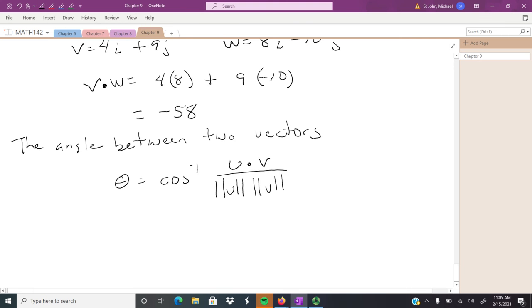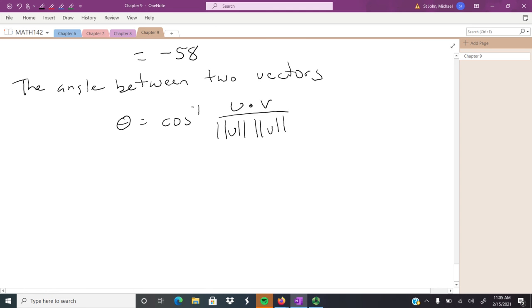So let's use the one we were just using, so we had V was 4i plus 9j, W was 8i minus 10j. The magnitude of V is the square root of 4 squared plus 9 squared.